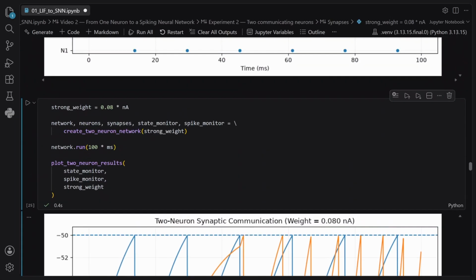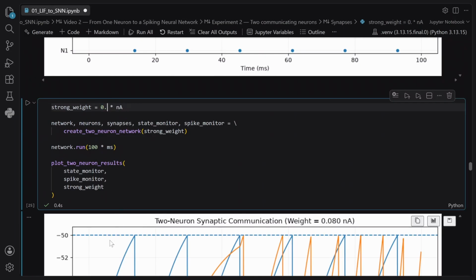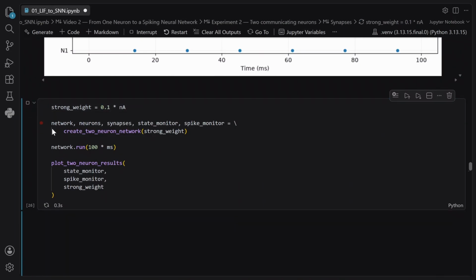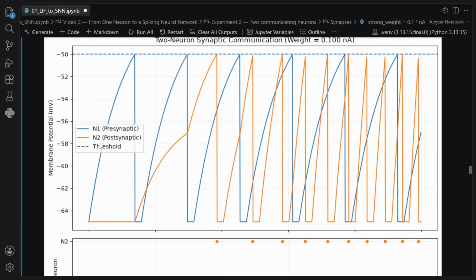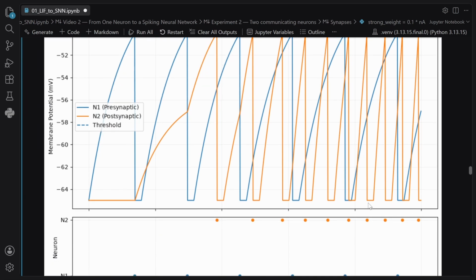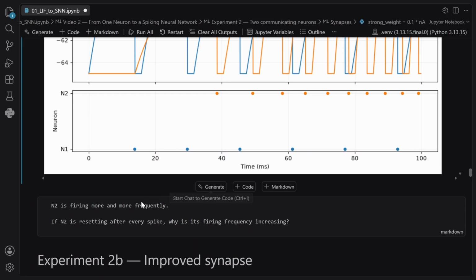So how does that work? I mean, wasn't it supposed to reset? The gap is decreasing. N2 is firing more and more frequently. If N2 is resetting after every spike, why is its firing frequency increasing?